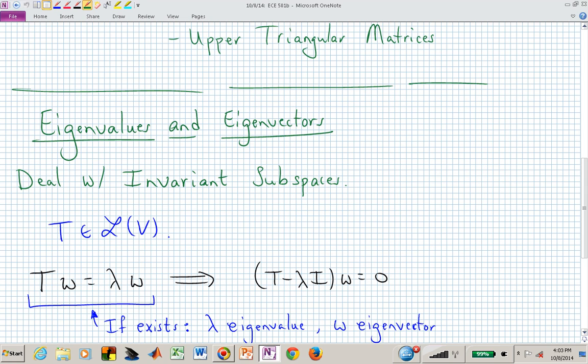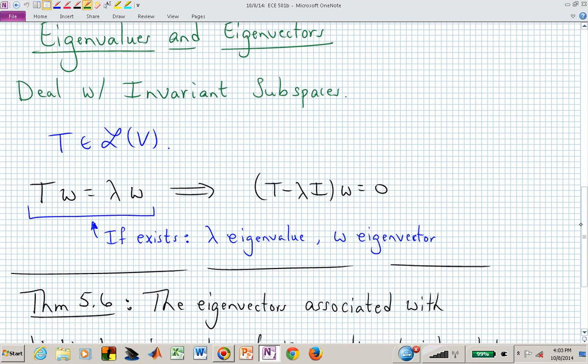So with respect to eigenvalues and eigenvectors, we have these invariant subspaces. That's what these eigenvectors represent, and those are associated with this linear operator T. If this expression exists, then we call lambda the eigenvalue and we call w the eigenvector.